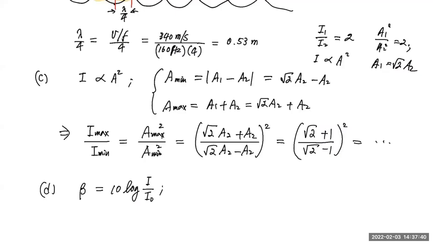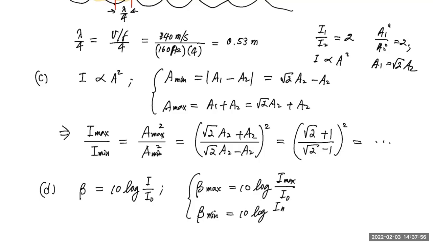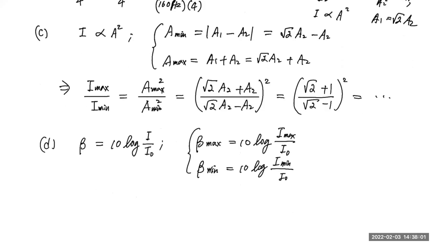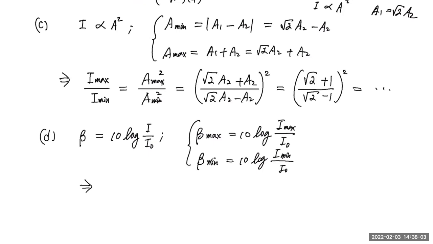So therefore, for beta maximum, I simply use I maximum, so 10 log I maximum over I naught. And similarly for beta minimum, I have 10 log I minimum over I naught. And then just plug these two expressions in to get delta beta, which is defined as beta maximum minus beta minimum. This is the maximum amount of variation in sound level.